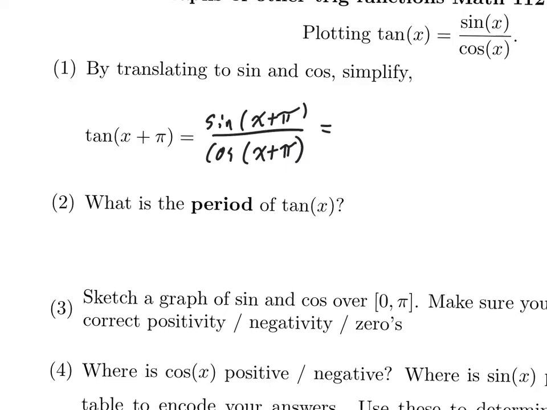So the sine of x plus pi is negative the sine of x, and cosine of x plus pi is negative the cosine of x. These negatives will cancel, right? Negative divided by a negative becomes positive. And so you end up with just tangent of x. So tangent of x plus pi is the same thing as the tangent of x.